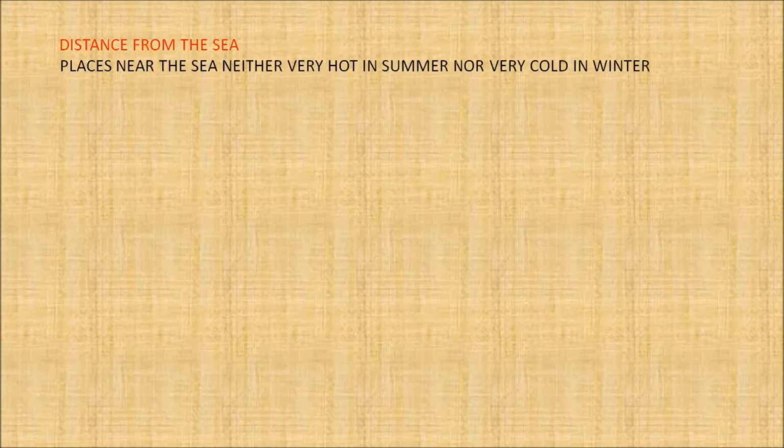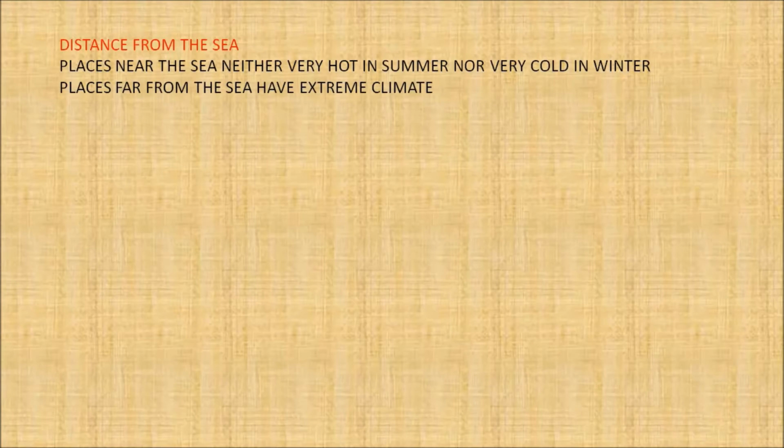Now let's look at another factor, distance from the sea. The places near the sea are neither very hot in summer nor very cold in winter. They have a moderate climate throughout the year, but the places far from the sea have an extreme climate.